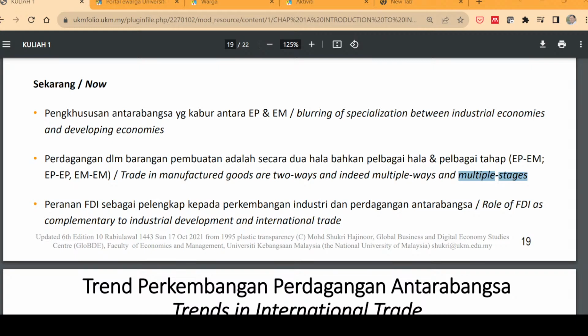Substitute means if you do trade, you do not need to do FDI. If you do FDI in that country, you don't need to trade your product. So that's mainstream economics based on neoclassical economics. They are substitutes for each other.